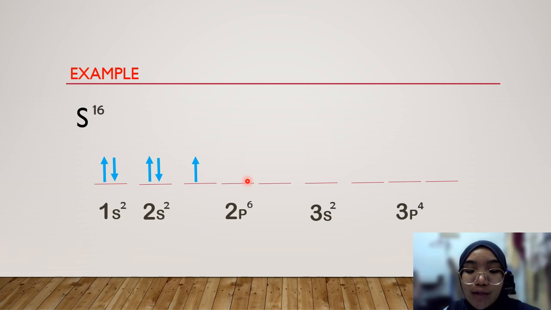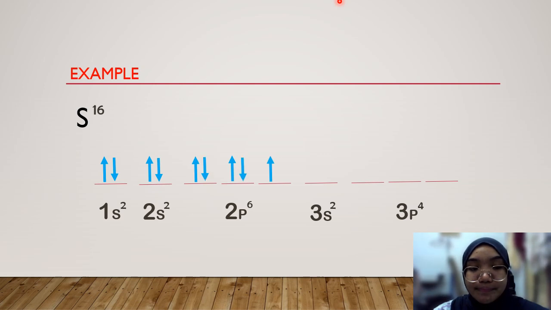And the third spin will do the same, like this. Then we move to 3s, which only has 2 electrons, and we need to put opposite spins. And also 3p4.